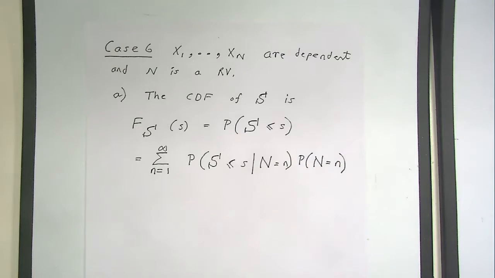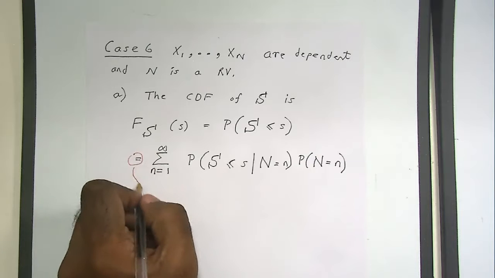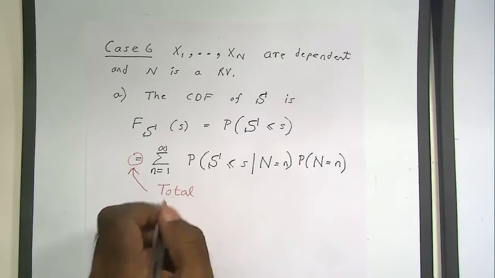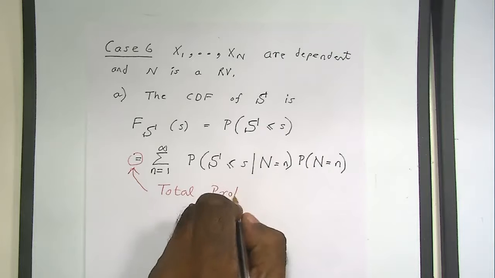Now this is due to what? What is this result known as? This is known as the total probability rule.